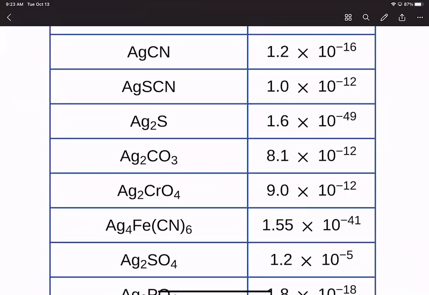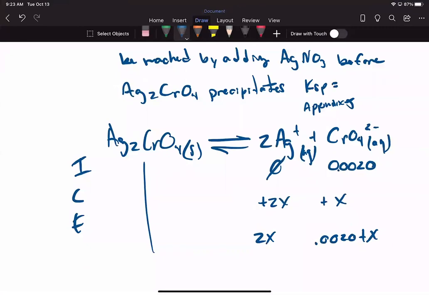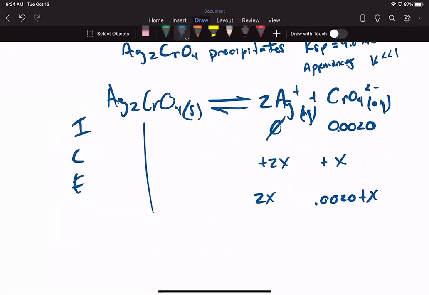The KSP value is 9.0 times 10 to the minus 12. Looking at that value, my K is a lot less than 1, right? It's really nice when they're a lot less than 1. The calculations are just so much easier.